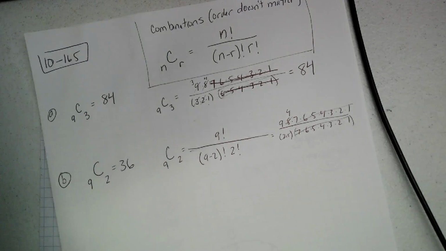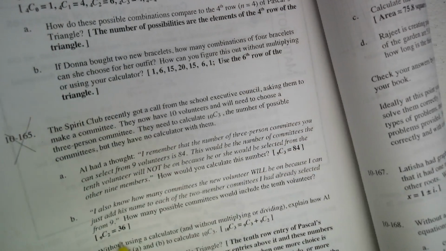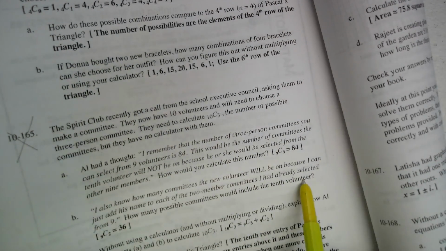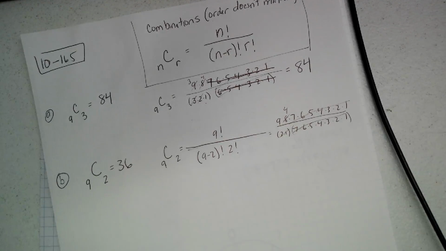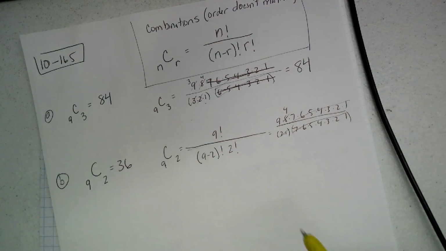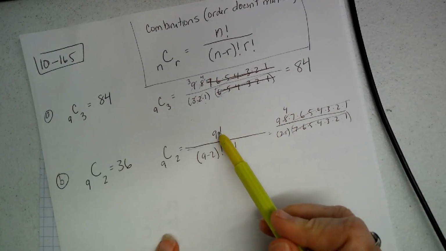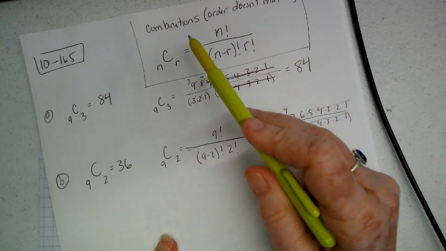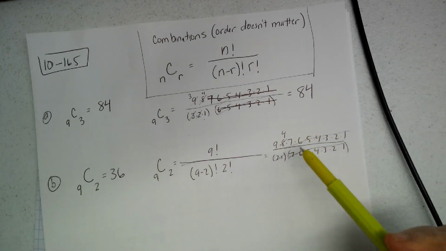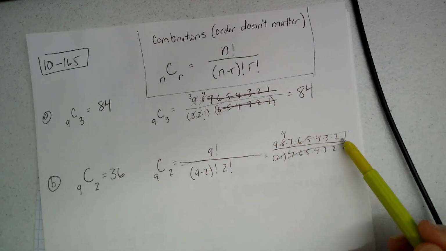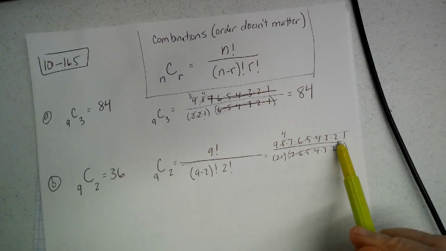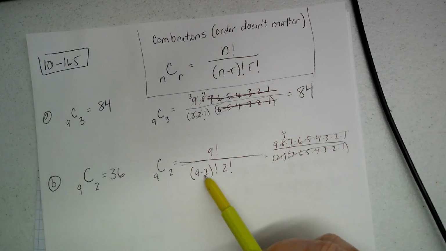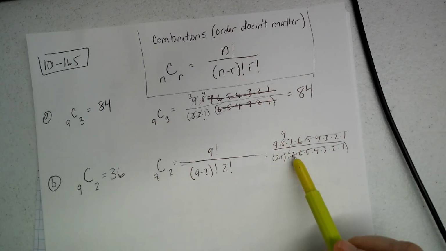And again, he already told you, I think, did they say it was 36? No, they didn't. So maybe you would just do that this way. So n factorial over n minus r factorial times r factorial, using this formula right here. So n factorial is 9 times 8 times 7 times 6 times 5 times 4 times 3 times 2 times 1. 9 minus 2 is 7 factorial, which is 7 times this part right here.